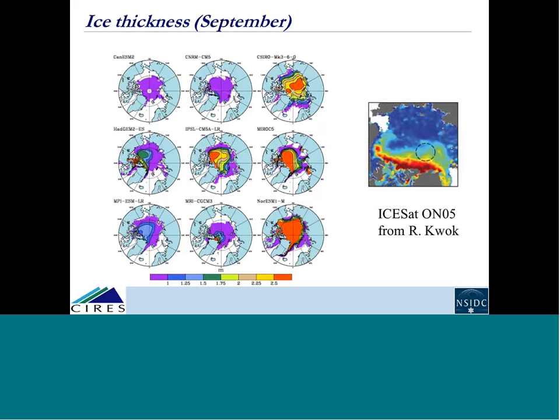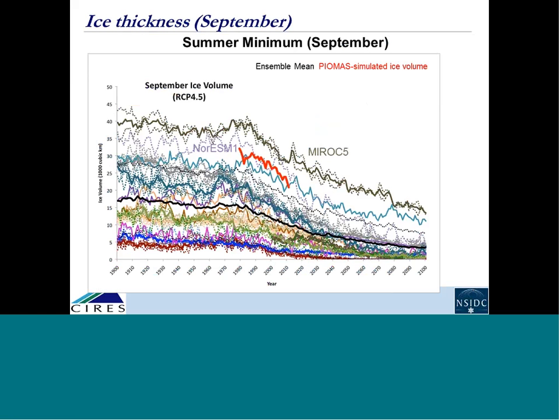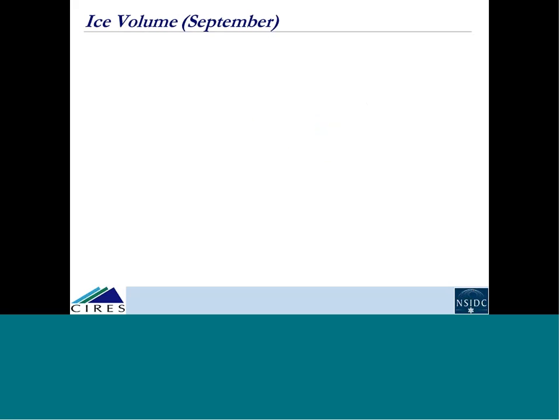I'll briefly just mention that for the ice thickness in September, again, we're not capturing that spatial distribution of ice thickness that we see from ICESat. And we're certainly not capturing the summer minimum ice volume when we compare it with the PIOMAS ice volume.